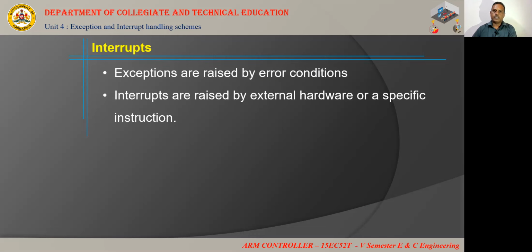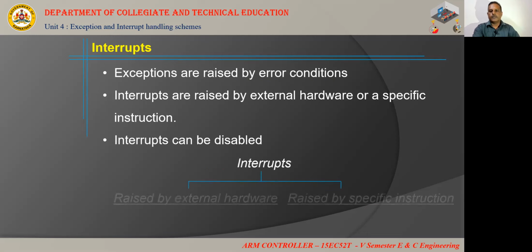These interrupts are basically raised by the requests from external hardware peripherals connected to the ARM core. And they may also be raised by a specific instruction. And interrupts can be disabled.